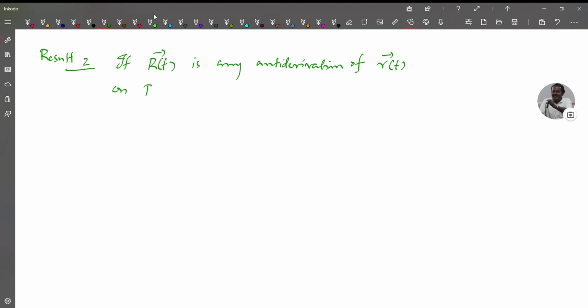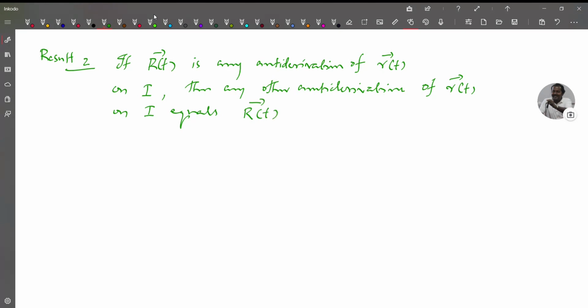Now we prove result 2. If R of t is any antiderivative of r of t on I, then any other antiderivative of r of t on I equals R of t plus c for some constant vector c.